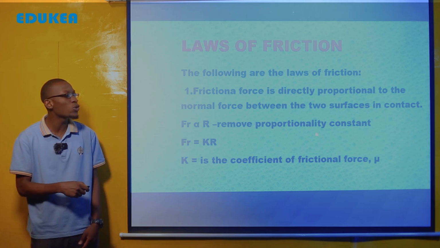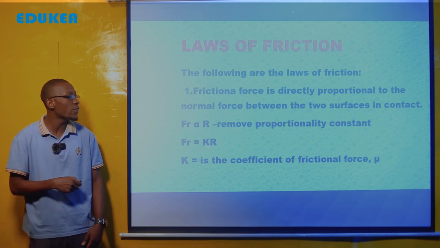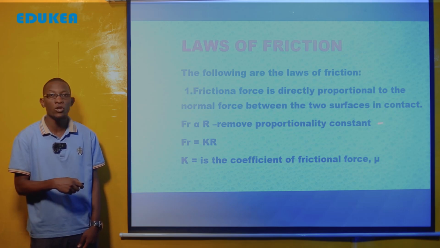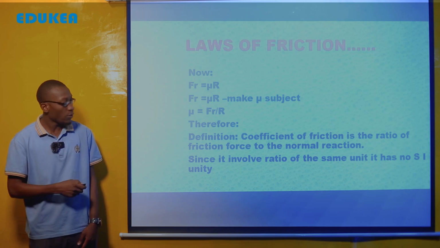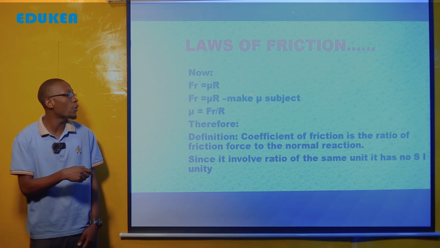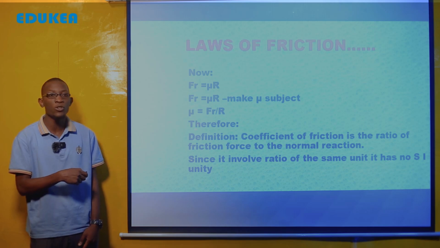This is the first law, whereby the K is the coefficient of frictional force. We say that the frictional force is equal to coefficient of static frictions or coefficients of friction times normal reactions. We can make subjects coefficients of frictions, whereby the coefficients of friction is equal to frictional force over normal reaction. This was the first law.